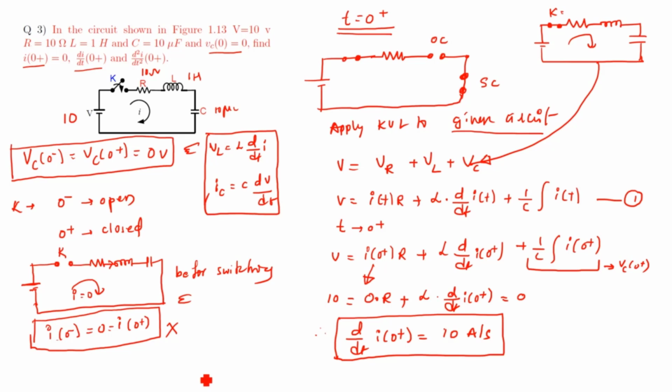That is wrong. That would give 0, but it is not the correct value. We get the value by applying KVL to the complete circuit, substituting all the values, and after simplification we get 10 amperes per second.